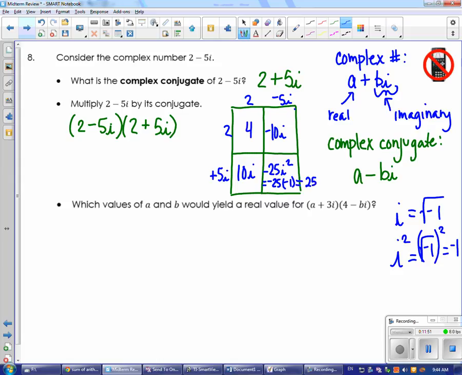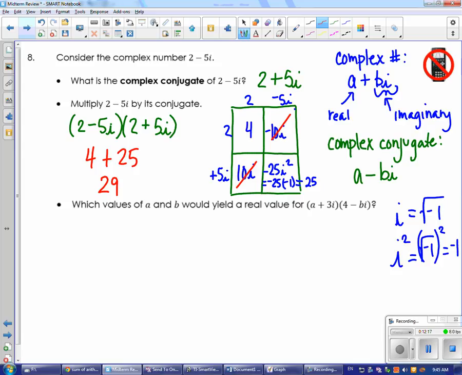So if I add all those terms together now, and if you FOIL, these are all the terms you would get, notice that my 10i and my negative 10i cancel each other out. So ultimately, I am left with 4 plus 25, which is just 29. And that should happen every single time. Whenever you multiply a complex number times its conjugate, you're going to get a real number.